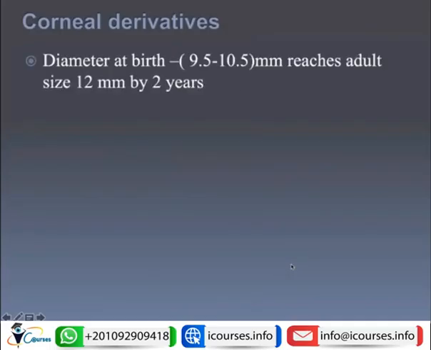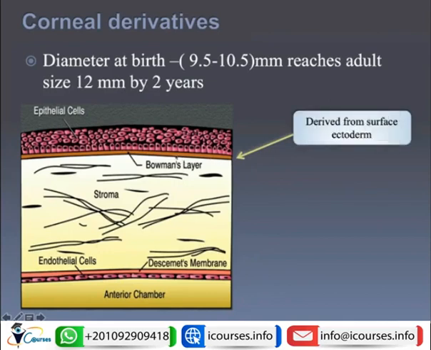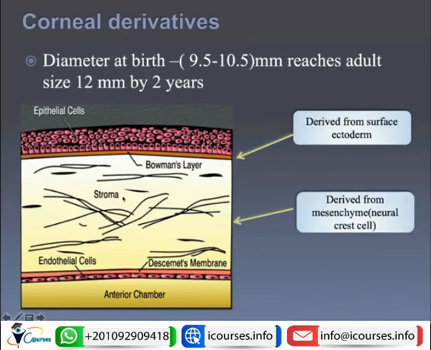So to summarize, the corneal diameter at birth is 9.5 to 10.5 millimeters, and it will reach the adult size at the age of 2 years. And to summarize the different derivatives of the layers: first, the epithelium is derived from the surface ectoderm, and the basal lamina of the epithelium will secrete the primary stroma, which is formed from collagen fibers and glycosaminoglycan.